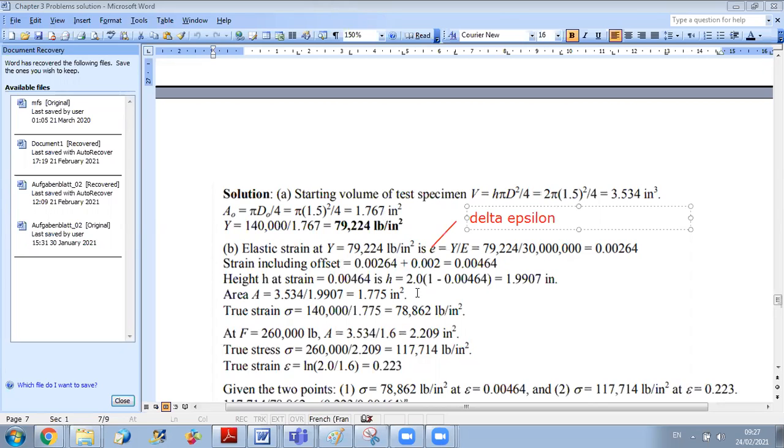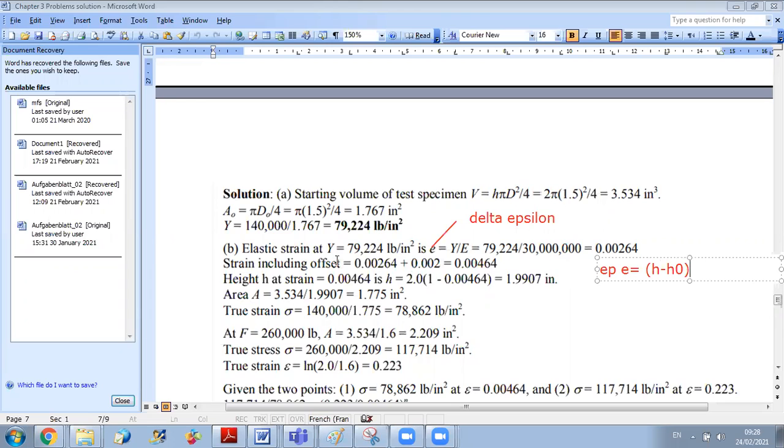We can use epsilon, because by definition epsilon engineering is equal to h minus h0 over h0. Pay attention: if you put it as a positive absolute value, taking the absolute value, you need to do h0 minus h.